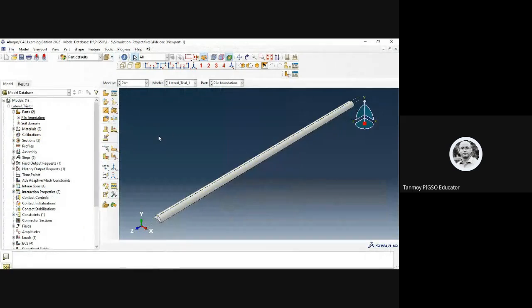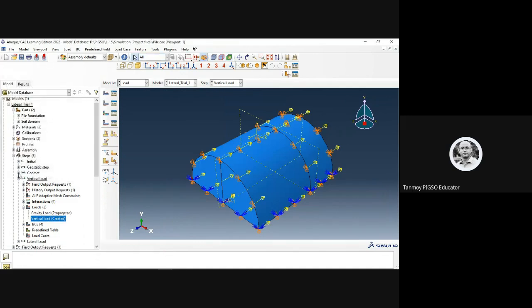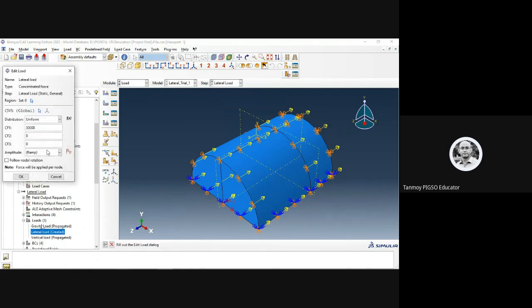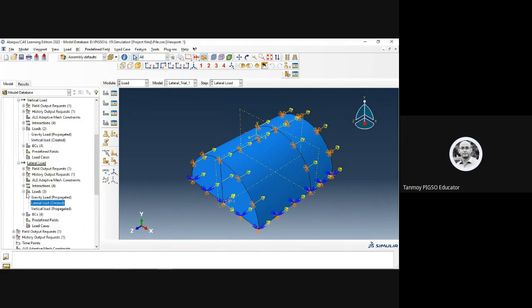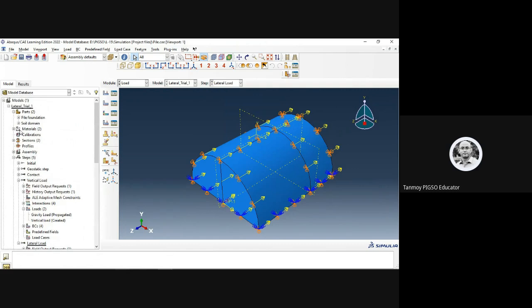So this is a pile foundation on which we have already worked. There we have already given some loads. Let's see what load was given. We have already performed this, and here some lateral load is also applied. This was an exercise that we have done before.